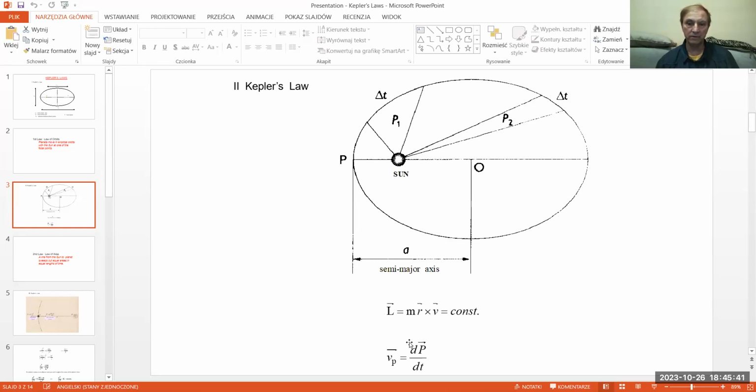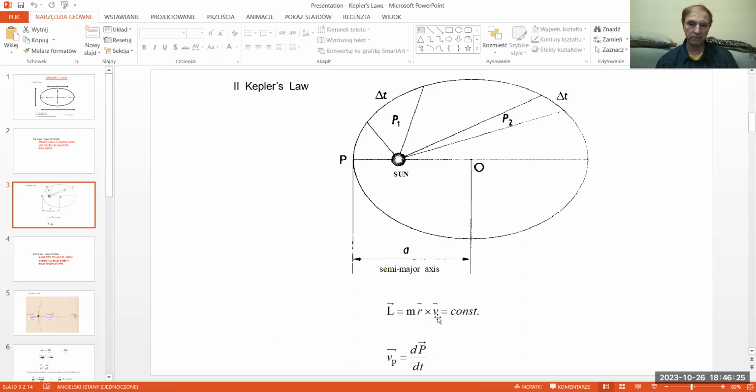Below we have two equations, but the two equations say exactly the same as what I said a while ago, but in a slightly different form. The orbital angular momentum, which is marked here with the capital letter L, is equal to the mass of the planet times the radius of the line that connects the planet with the Sun times the velocity of this planet.